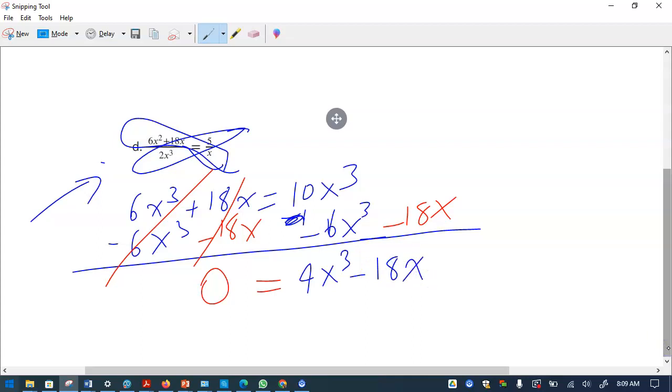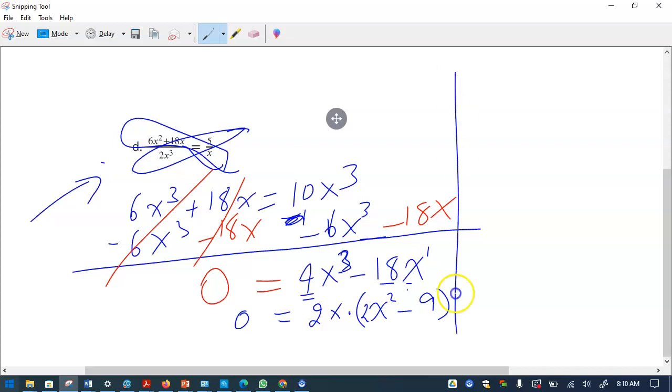And then we can see there is an x in both terms, and 4 and 18 are both divisible by 2. So I can take 2x out, and 2x squared is remaining, and this is minus 9, because 2 nines are 18, right? So we get it like this. And now we have to use the zero product property.